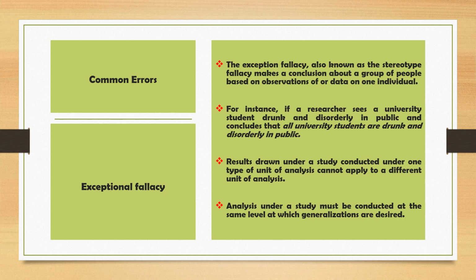So we make one observation of an individual, and then we conclude that the broader group where that individual belongs behaves in the same way as the individual. For instance, if a researcher sees a university student drunk and disorderly in public and concludes that all university students are drunk and disorderly in public, then that kind of error is called exception fallacy.